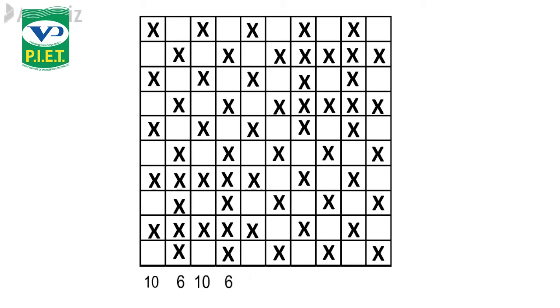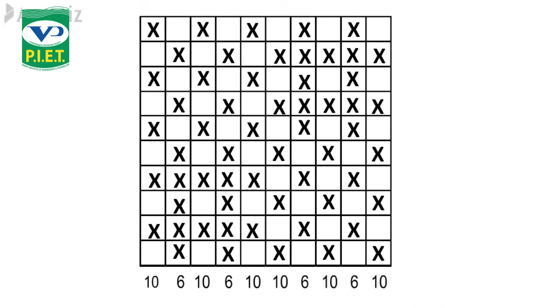Similarly, for fifth end, 1, 2, 3, 4, 5, 6, 7, 8, 9, and 10. For sixth end, 1, 2, 3, 4, 5, 6.